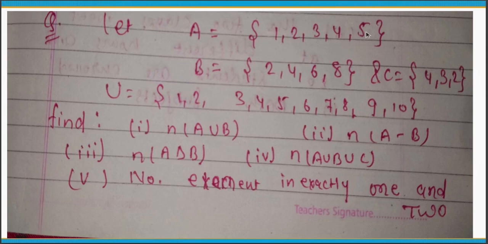Now you can prove it by formula: n(A union B) equal to n(A) plus n(B) minus n(A intersection B). The number of elements in set A is 5 and in set B is 4. 5 plus 4 equal to 9, minus the number of elements common to sets A and B. A intersection B means common elements in sets A and B; 2 and 4 are common, so n(A intersection B) equal to 2. 9 minus 2 equal to 7.